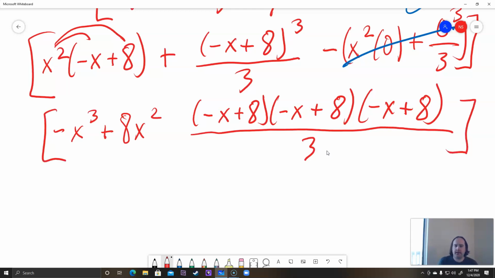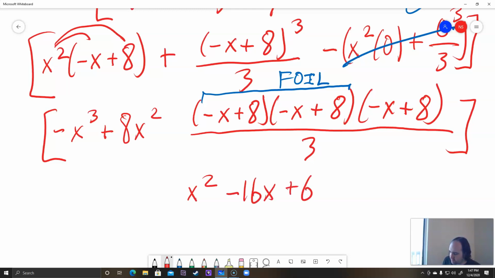Okay. And here to multiply this out, we can use FOIL for these first two factors. So here we're going to do FOIL. Okay, and if we do FOIL for those, we're going to get negative x times negative x is positive x squared, minus 8x, which is minus 16x, plus 64.